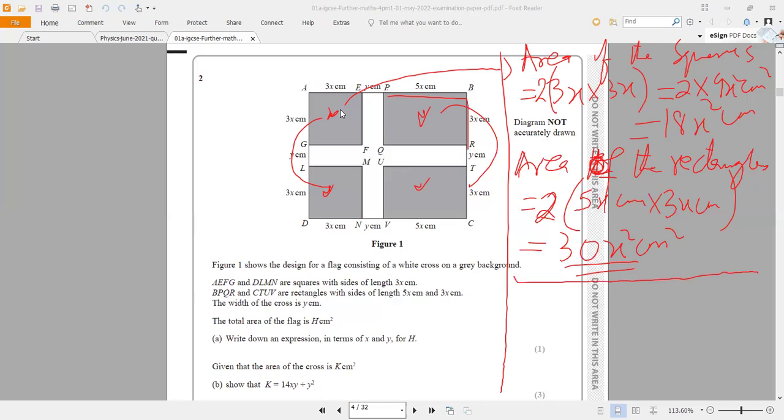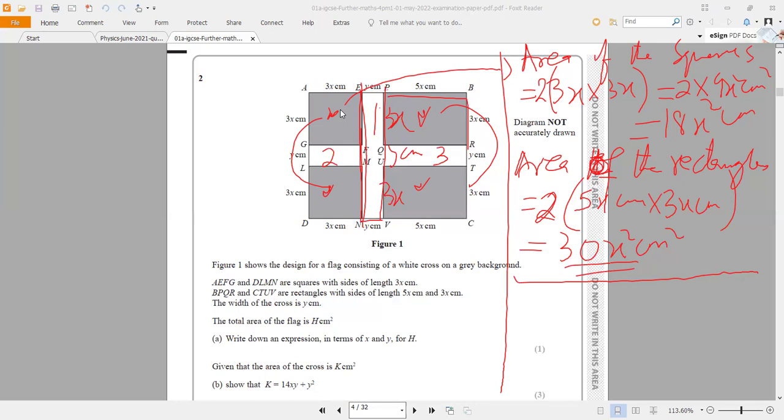Now let's calculate the area of the cross. The area of the cross, this length is 3x centimeters, 3x centimeters. Here is y centimeters. Let's call it rectangle 1, rectangle 2, rectangle 3.